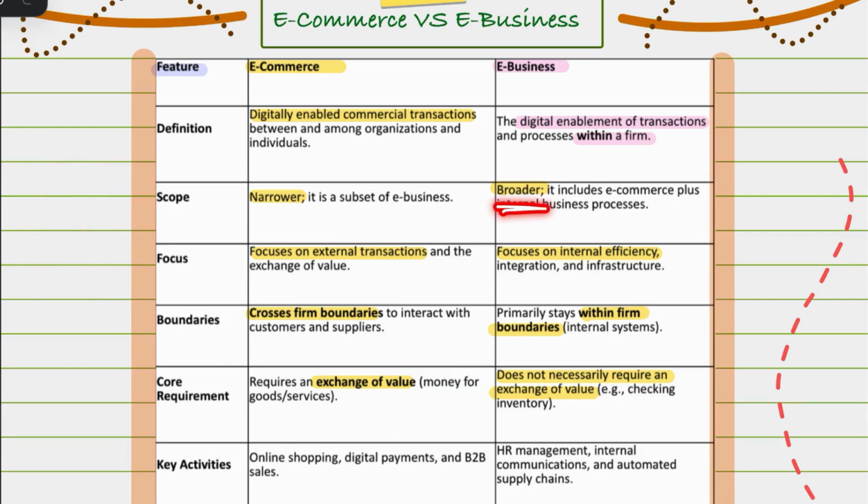E-business is broader and includes e-commerce, and e-commerce focuses on external transactions, whereas e-business focuses on the internal efficiency of the organization. E-commerce crosses the boundaries and interacts with the customer, while e-business stays within the firm boundaries. E-commerce requires an exchange of value, so there might be money or services involved, and e-business does not necessarily require an exchange of value.